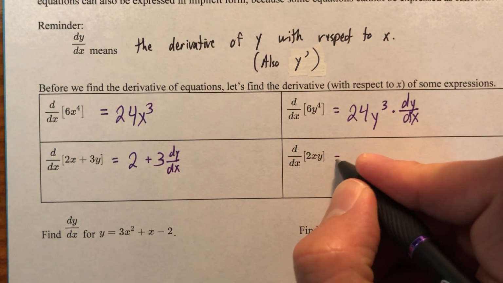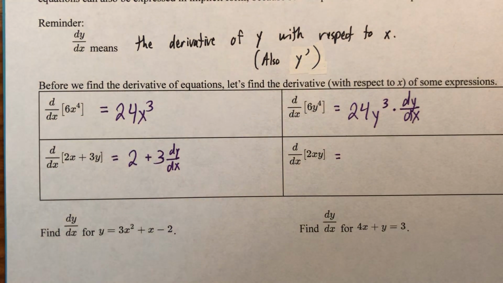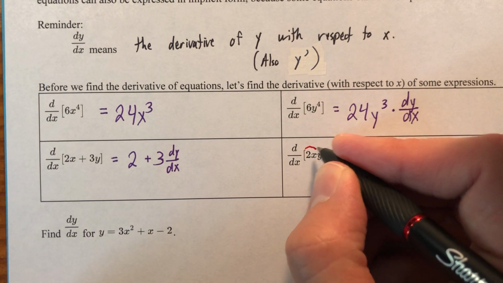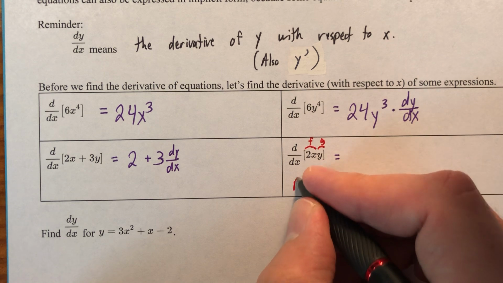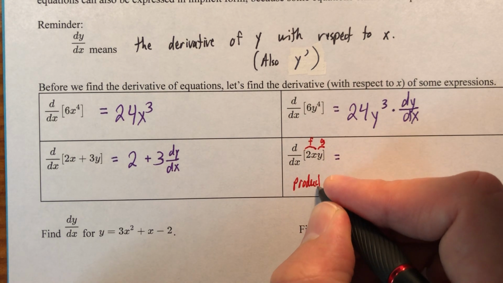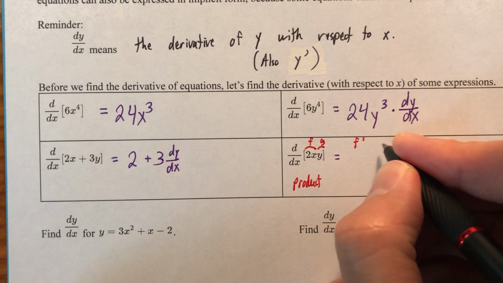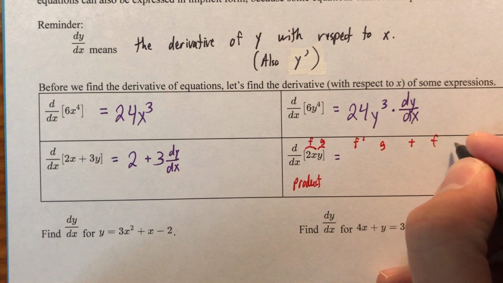Okay? Let's go again. This is going to be a product rule. This is F, this is G, and this is going to be a product. We're going to have F prime G plus F G prime.